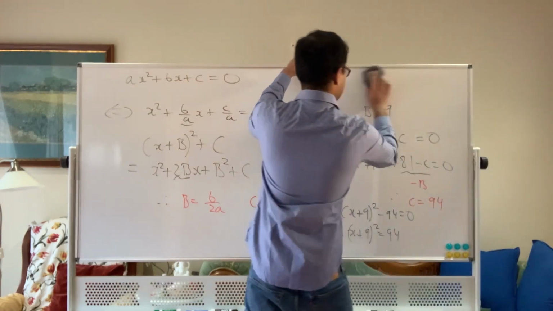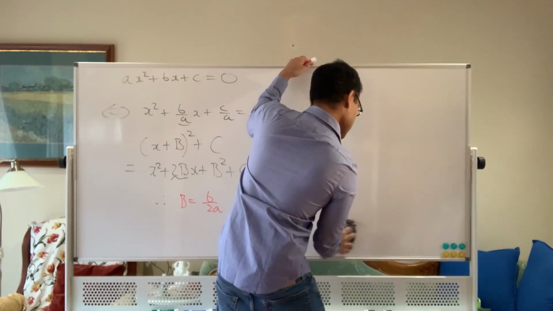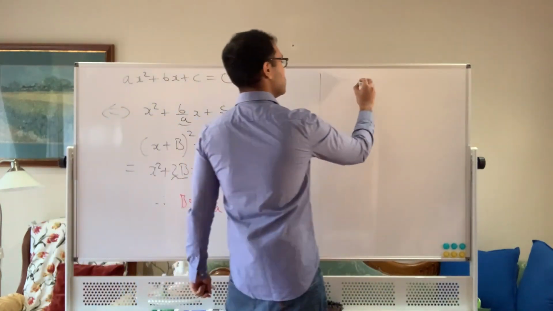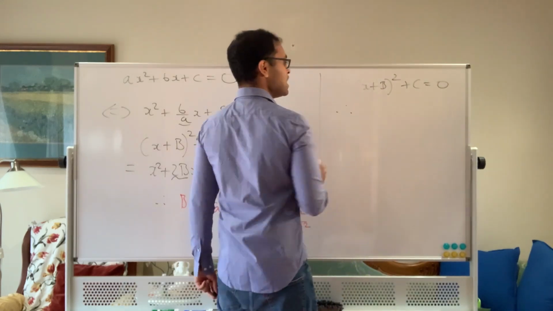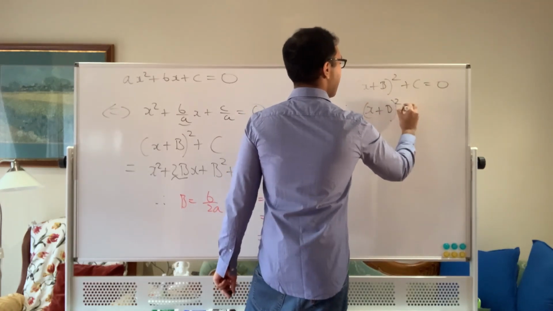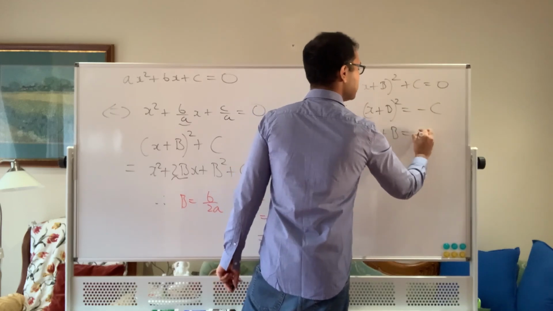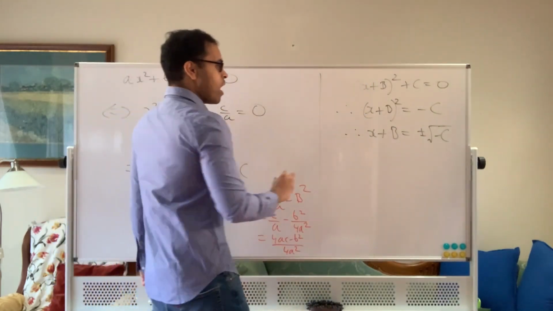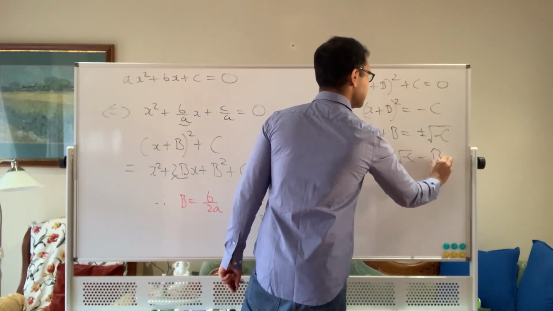Here we're going to erase this all off, and we get x plus big B squared plus C equals 0. That is the same as saying that x plus big B squared is equal to negative big C, which is the same as saying that x plus big B is equal to plus or minus the root of negative C, and therefore x is going to equal plus or minus the root of negative C minus big B.